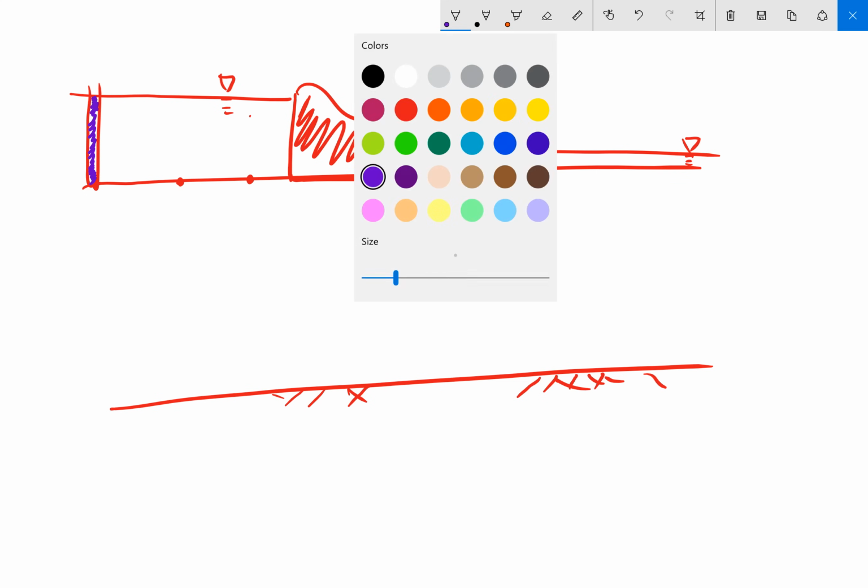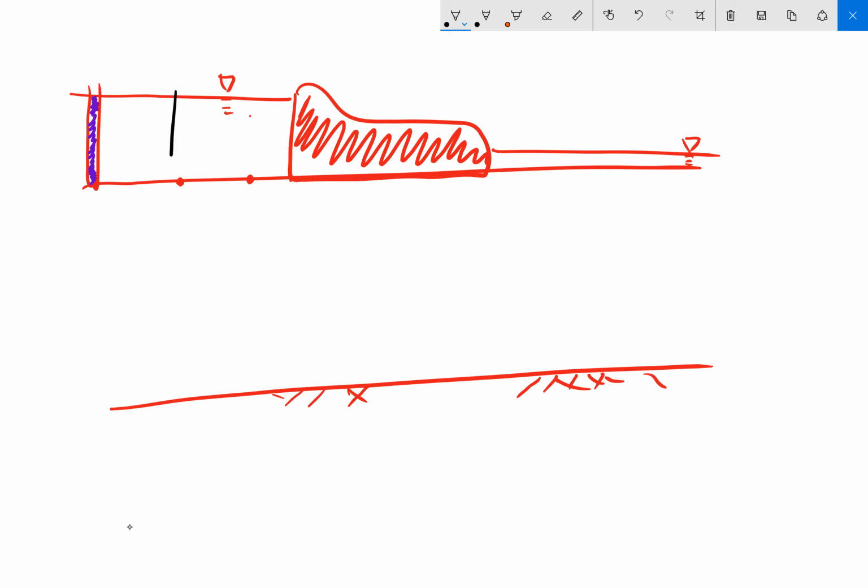Well, what if I do a piezometer right here and right here? How high will the water rise there? Well, it's just like the first one. It's going to rise up to the same level of head or energy that's in the water surrounding it.